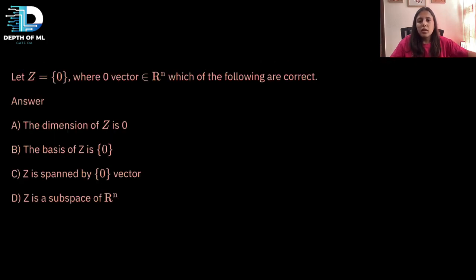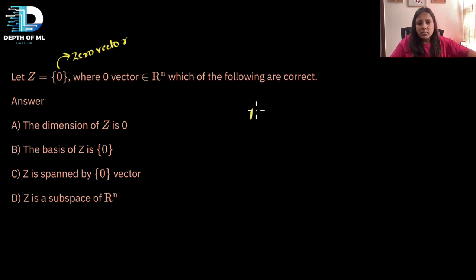Fine. Now let's look at this question where we are given, let 0 be this vector. So what is this? This is a 0 vector, where 0 is a 0 vector belonging to Rn. So it basically can have n coordinates. Which of the following are correct?